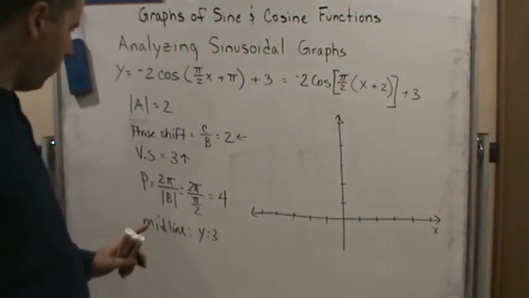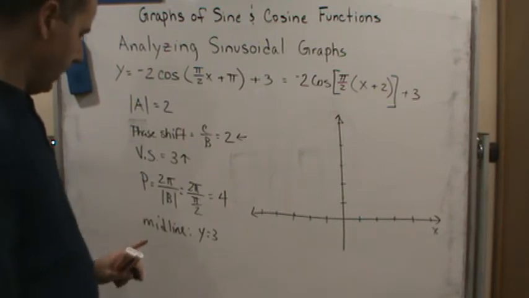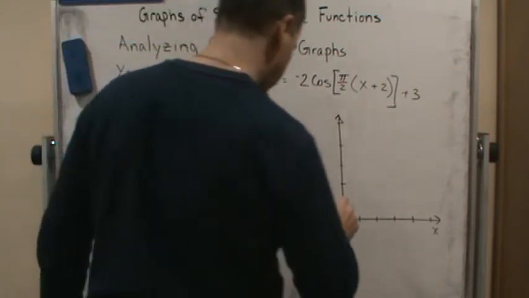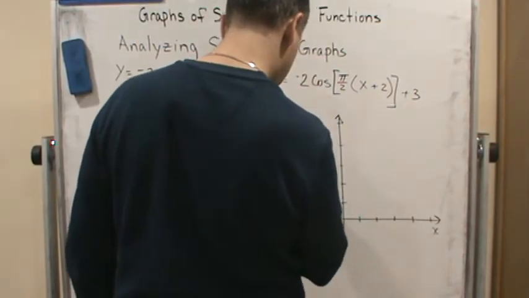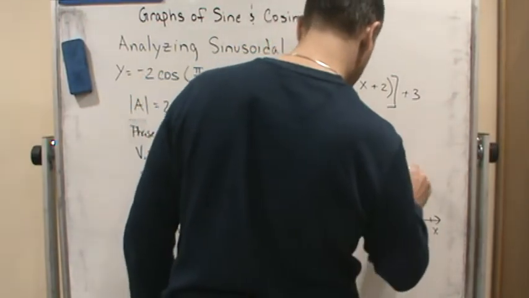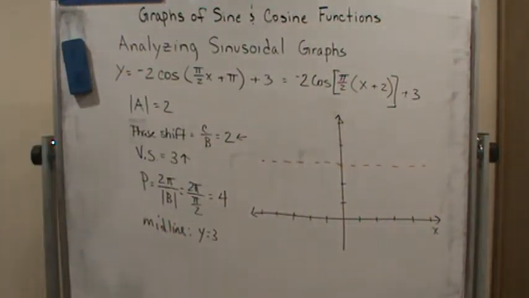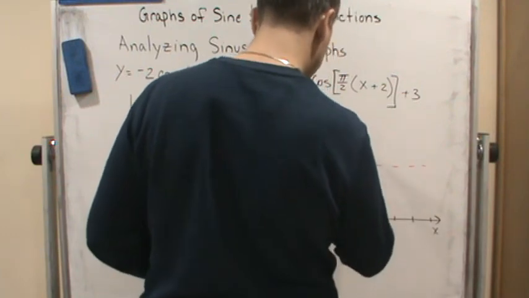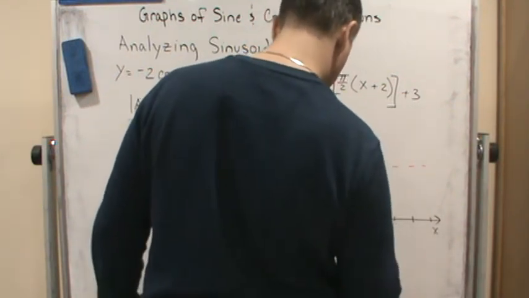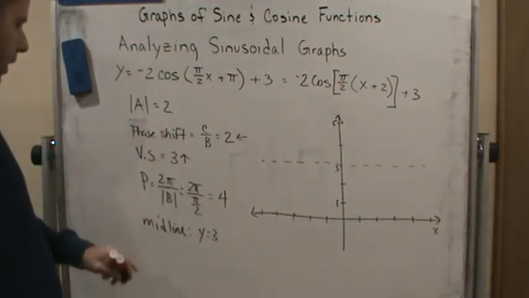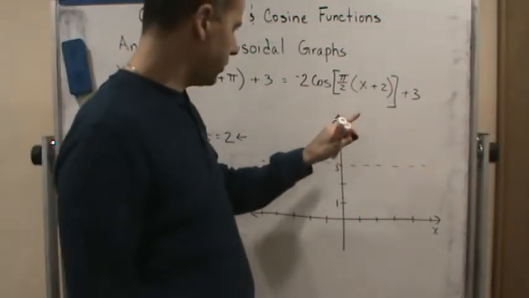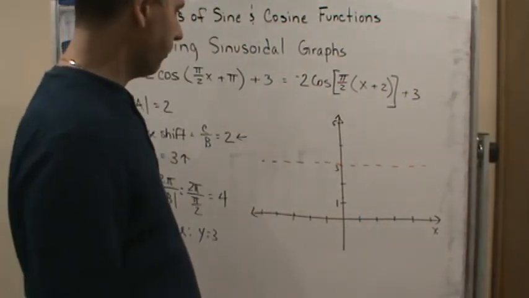Okay, so here's what we know. The midline is at y equals 3. So here's 1, 2, 3. Okay, so there's the midline. Okay, so this is 1, 3, 5. It has an amplitude of 2, so it starts off where?